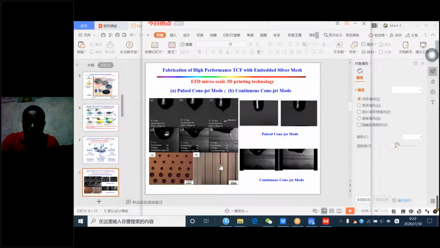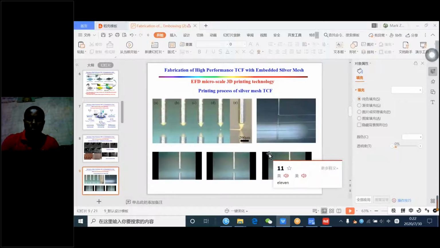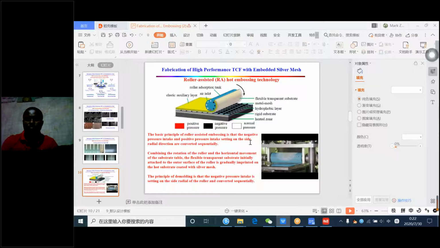This is the forming process of contact and the printing process of the silver mesh. The second core process is hot embossing the silver mesh.